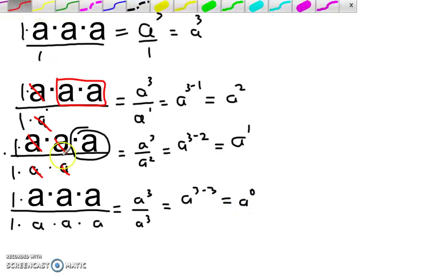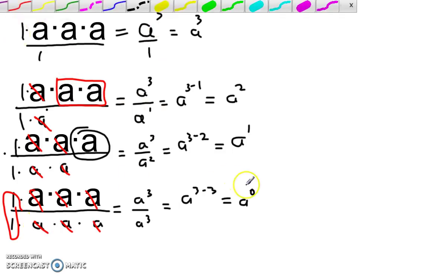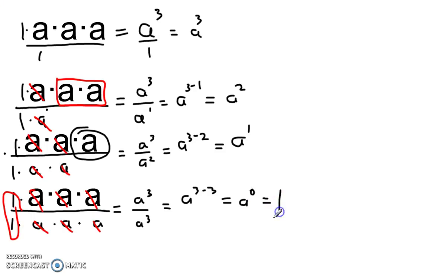But if I cancel these out, I cancel out all of these, right? All I'm left with here is 1 over 1. And 1 divided by 1 is 1. So a to the 0 power is 1, because anything divided by itself, if I have the same factors on top as I have on the bottom, I get 1.